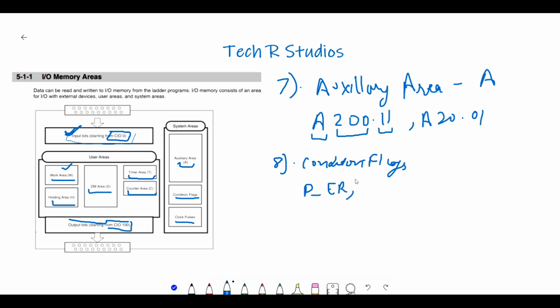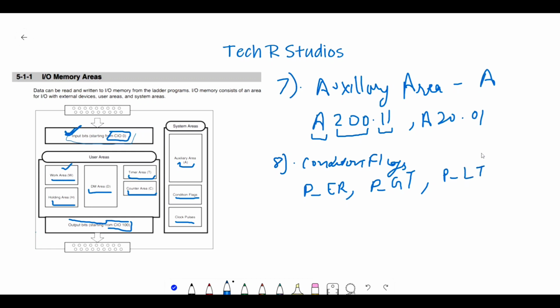These are some conditional flags which are shown in the case of some error, or for example when we are doing a comparison. For that we will use P underscore GT for greater than, P underscore LT for less than, and so on.